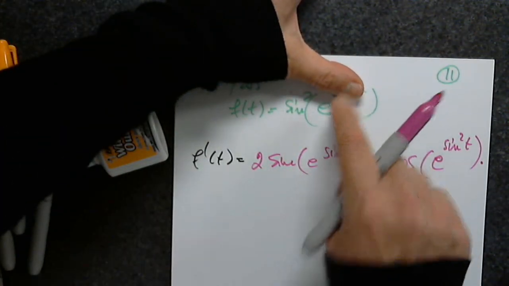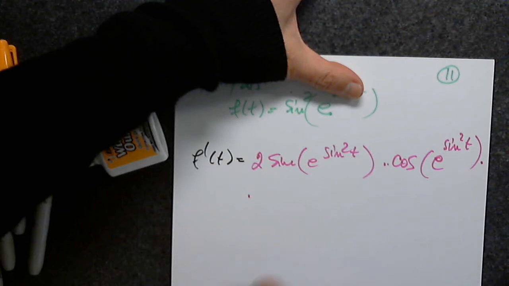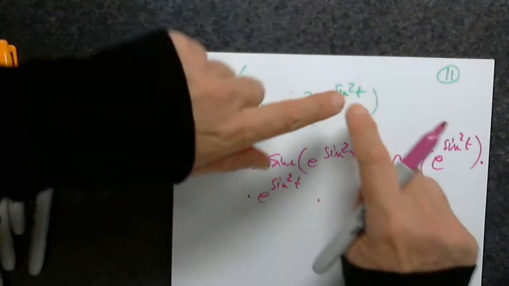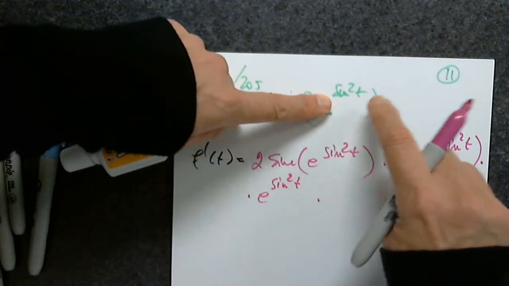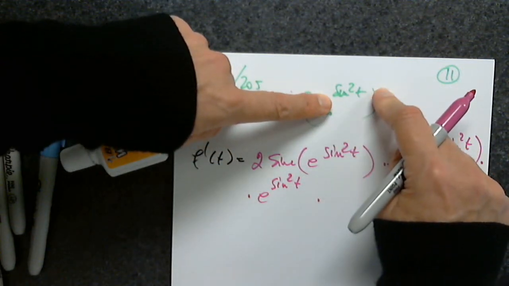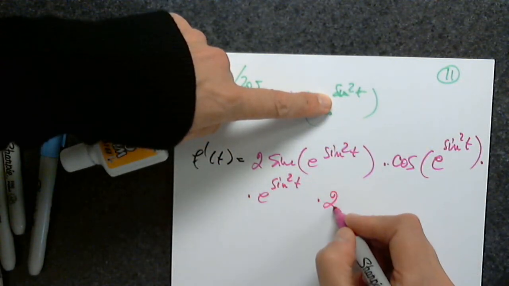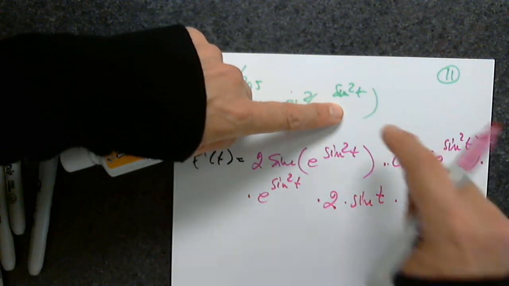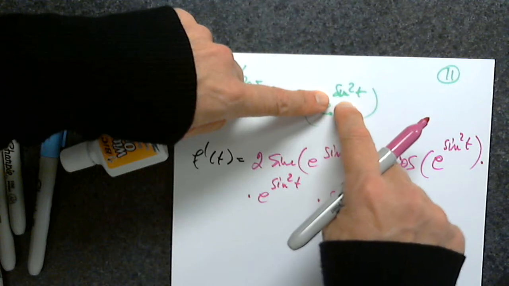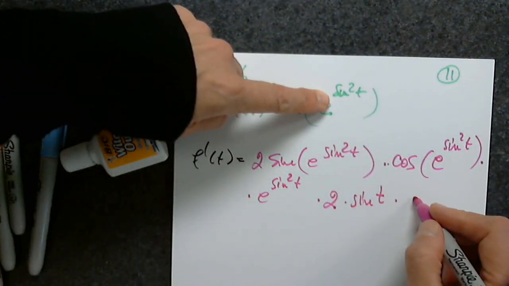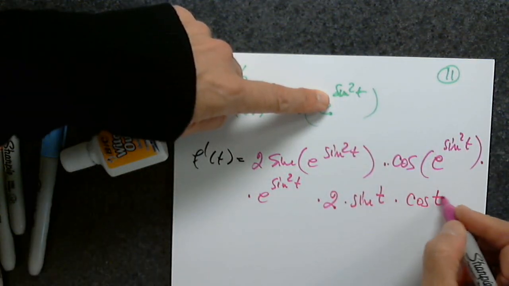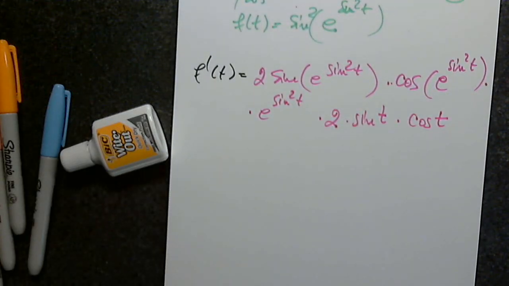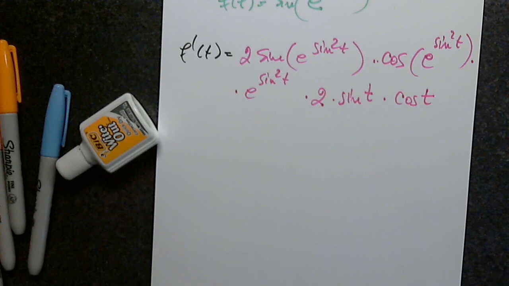You have e to a function. E to a function, prime, is e to that function, times the inner function prime. But this is a power on a sine. So I have to bring 2 in front. I have to subtract 1 from the power, and then differentiate sine. When I differentiate sine, I get cosine t. Any questions?